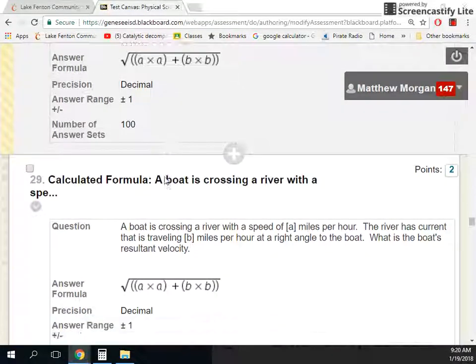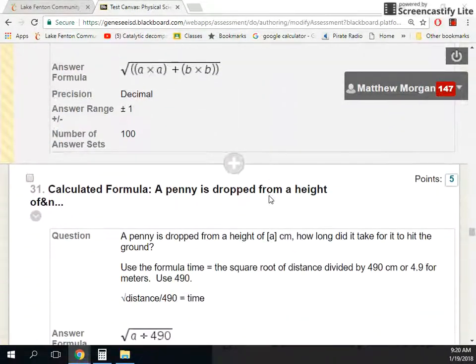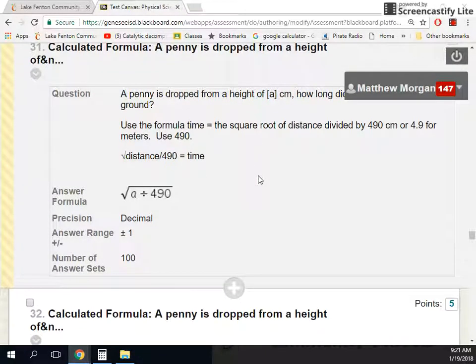Once again, a boat crossing: if you see a right angle, it's a squared plus b squared, and you square root it to give you c. Same thing. A penny has dropped. This is from displacement formulas, and the displacement formula is, once again, square rooted.